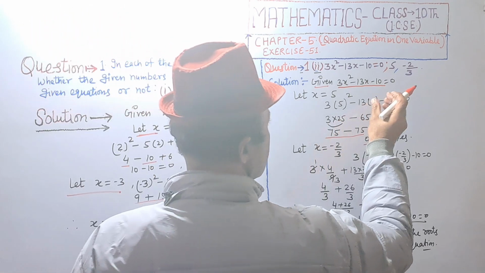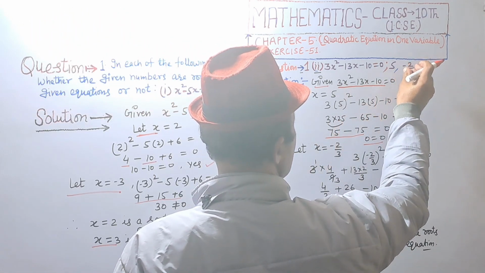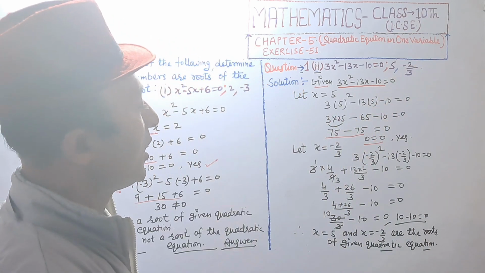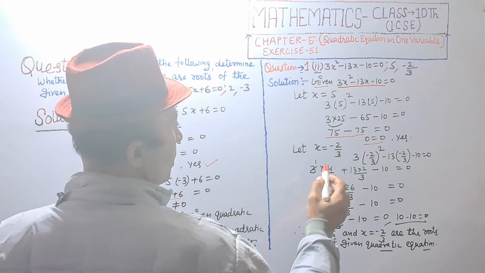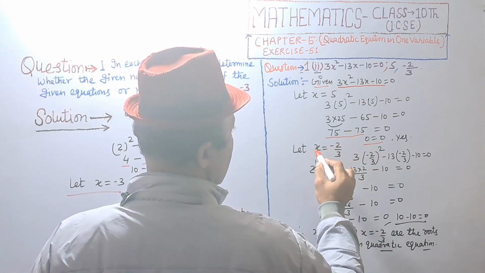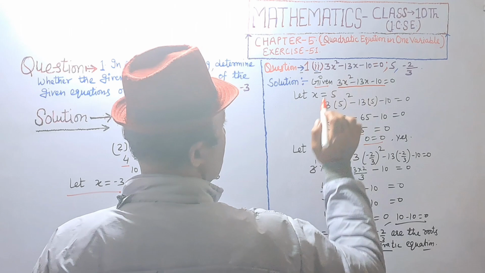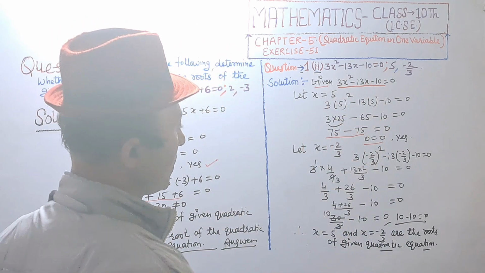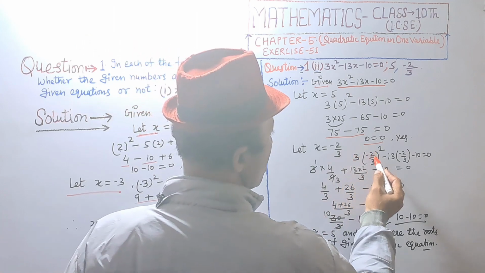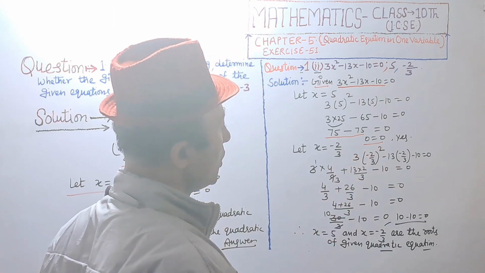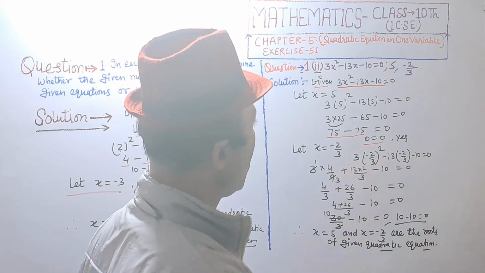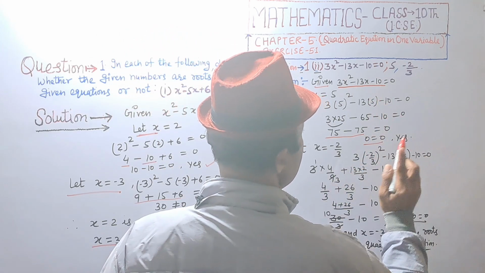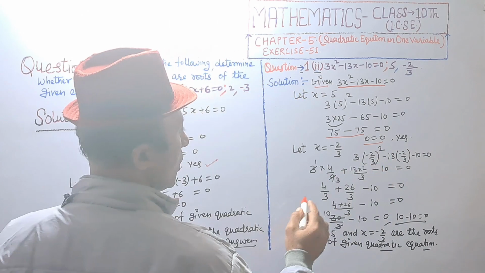And we are checking whether x is equal to minus 2 upon 3 is also a root of the given quadratic equation. Putting x is equal to minus 2 upon 3 in 3x square minus 13x minus 10: 3 into minus 2 upon 3 raised to power 2 minus 13 into minus 2 upon 3 minus 10 is equal to 0.